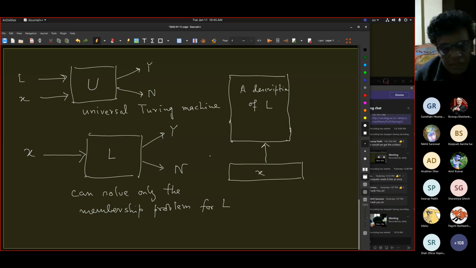Anyway, this is too much ahead of doing the real things. Sir, are you saying existence theoretically or practically? We will see how to build universal Turing machines. It's fairly straightforward. Sir, you have said computers cannot solve all the problems. No, a universal Turing machine can solve all problems that computers can solve.